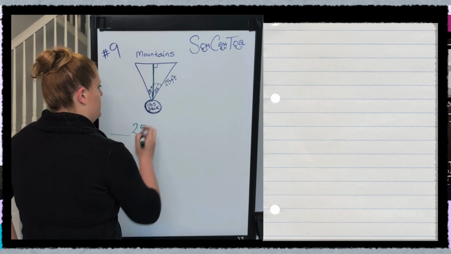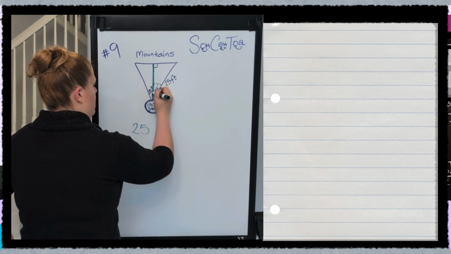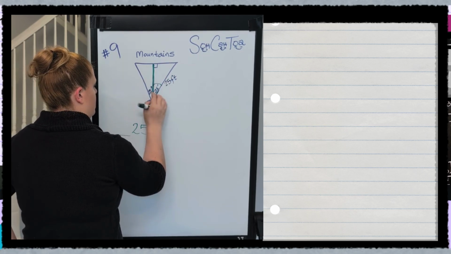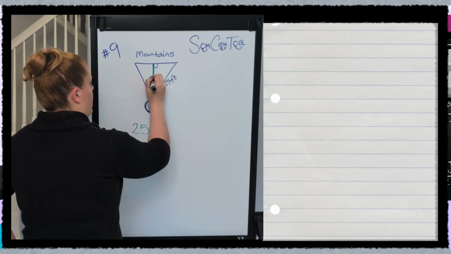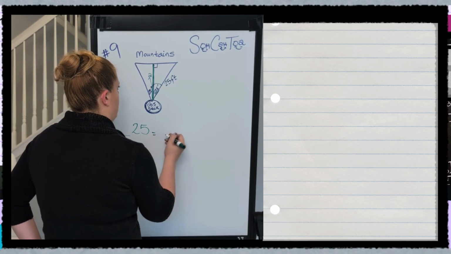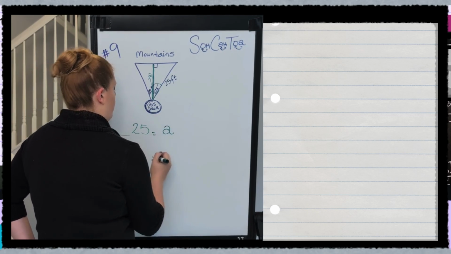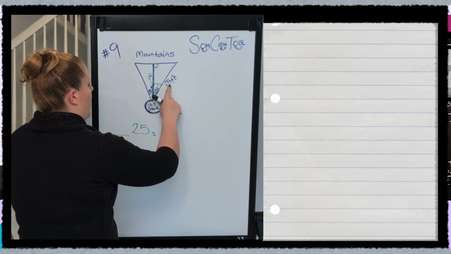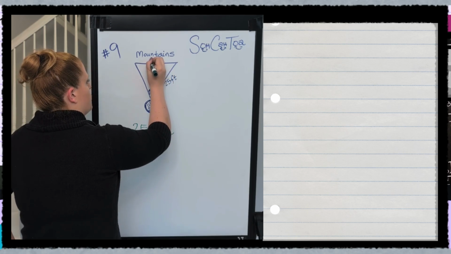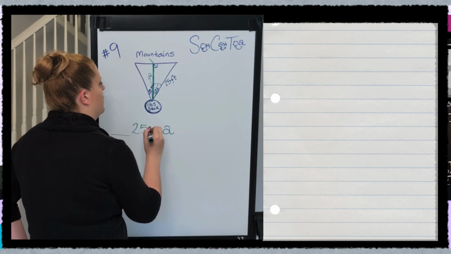I want this length, okay, which is my adjacent. I'm going to call it A because, adjacent. And then we also have 25 feet. Well, it's directly across from our 90-degree angle.